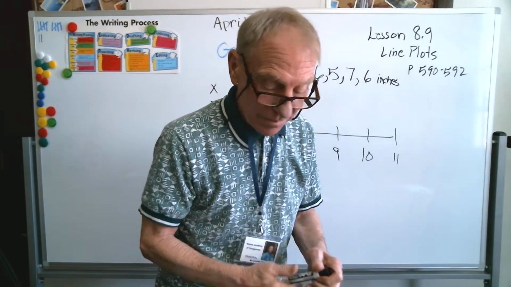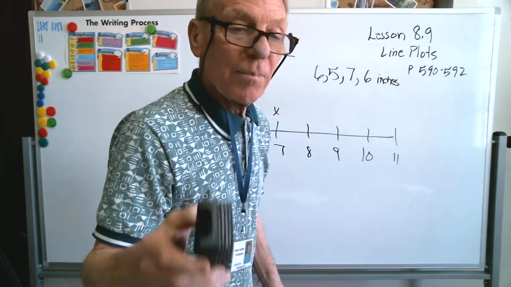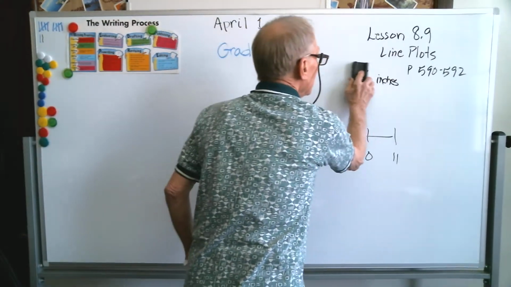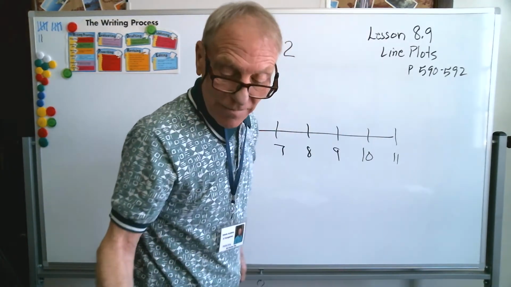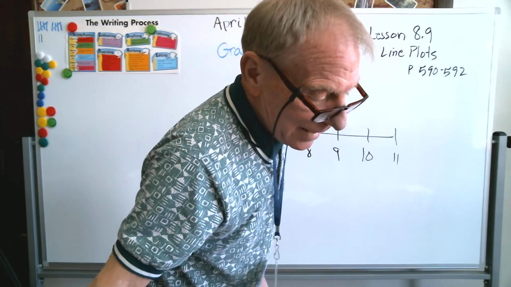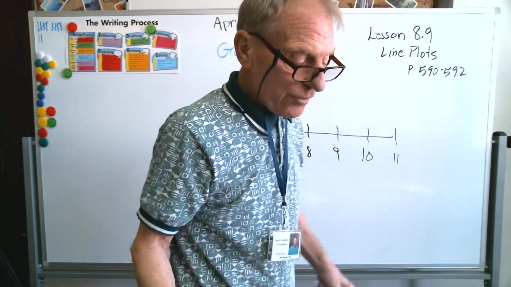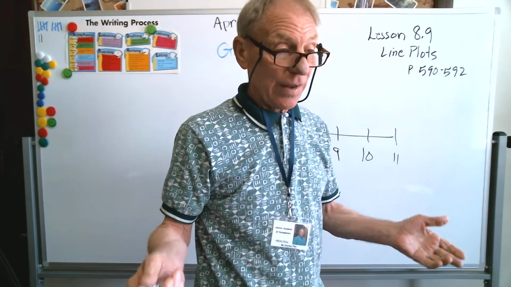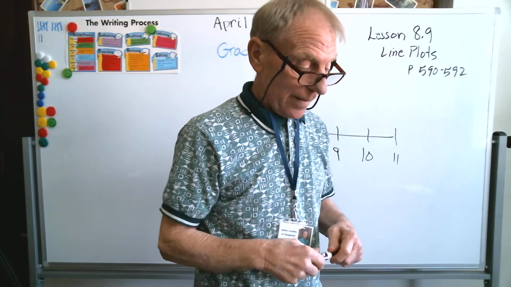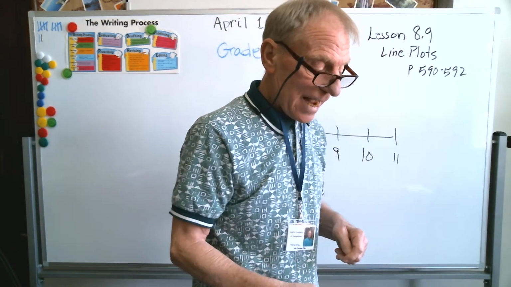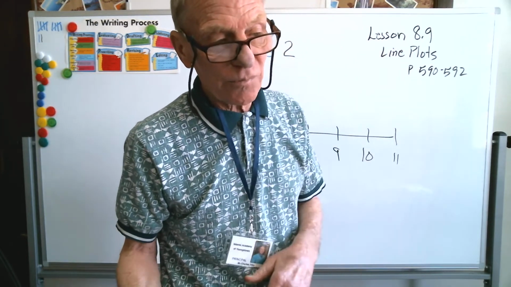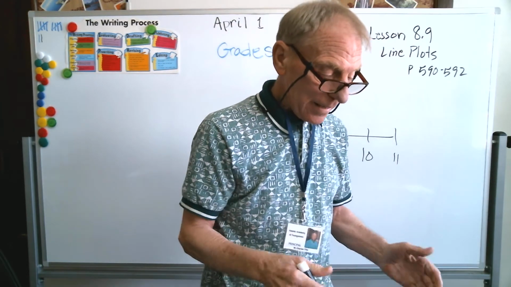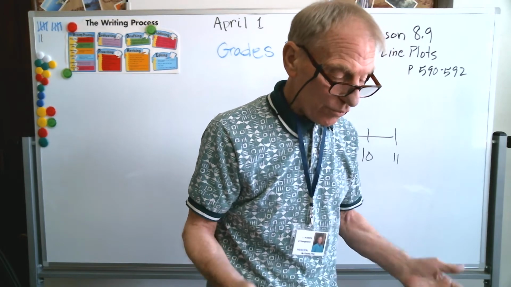If we look at problem number 7, looking at that data set, they're measuring leaves. They measured the length of leaves. And looking at the data set, I always like to look at, well, what's the smallest number? What's the biggest number? And the smallest number I see there is 3.